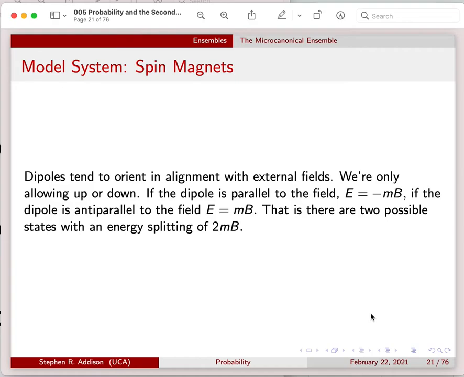We're only allowing them to align up and down. If the dipole is parallel to the field, the energy is minus MB. If it's anti-parallel, it's MB, and that means there are two possible states, and the energy difference between the states is 2MB.